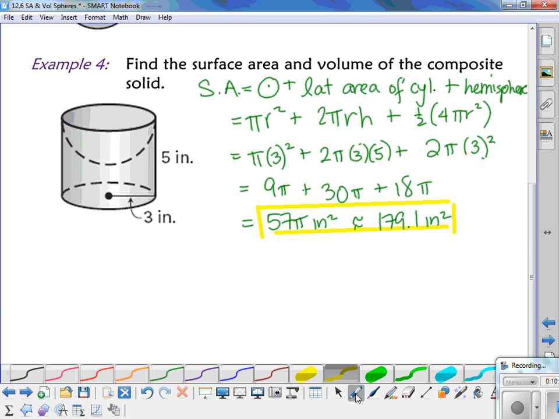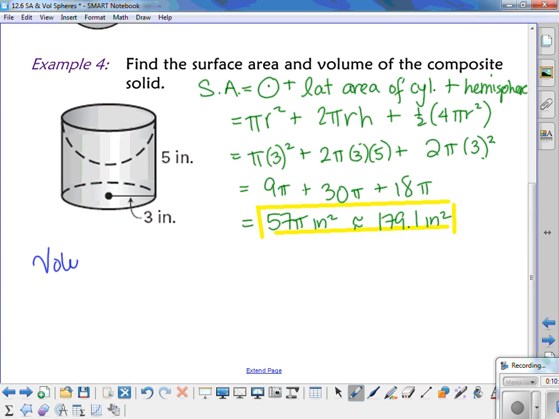Now looking at volume, the volume is going to be the volume of the cylinder minus the hemisphere. So the volume of a cylinder is just pi r squared h, minus half of the 4/3 pi r cubed.